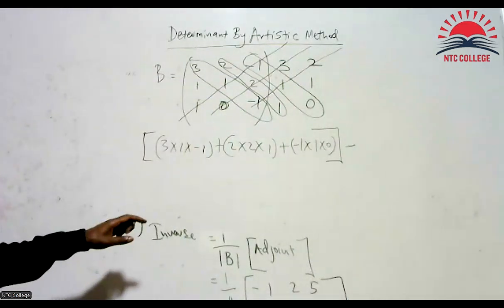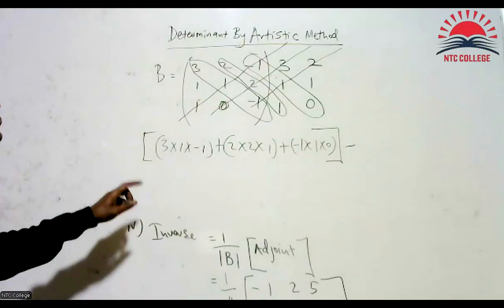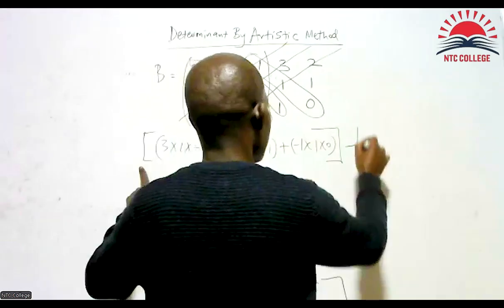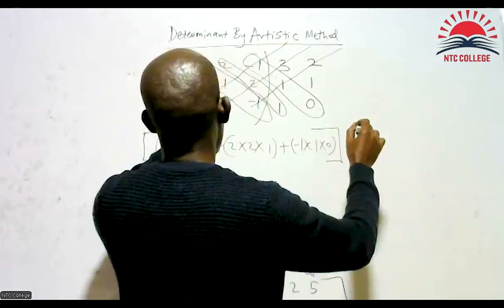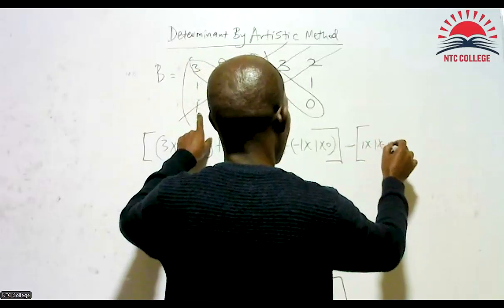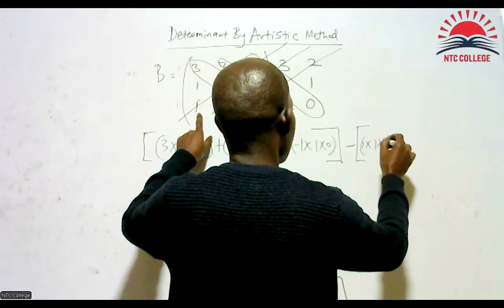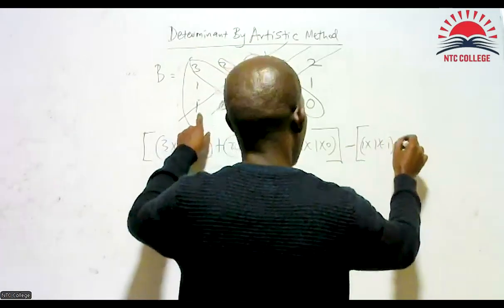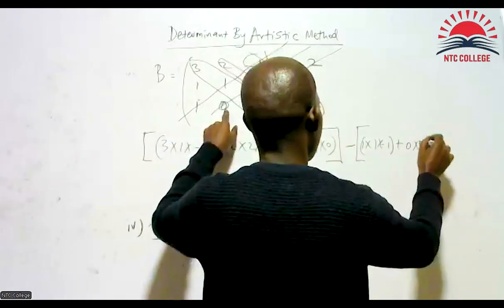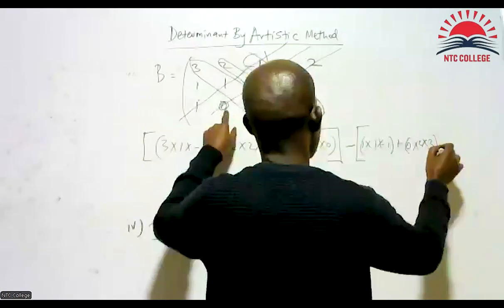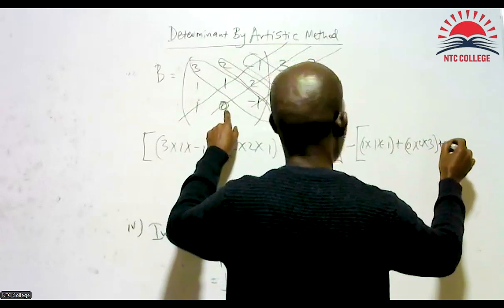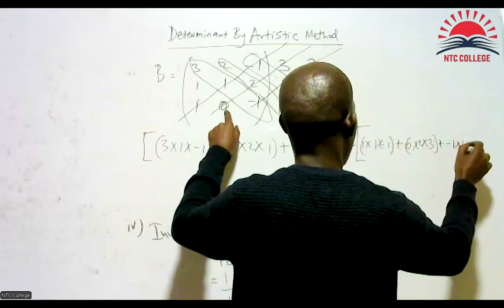It can be so congested, but whichever the case, just follow what I'm trying to do. That is now minus. There is 1 times 1 times -1. I'm very sure those who are doing are able to see what I'm doing. Plus, the second is 0 times 2 times 3. Actually, whatever you're multiplying with 0 will always be 0. Then plus -1 times 1 times 2.